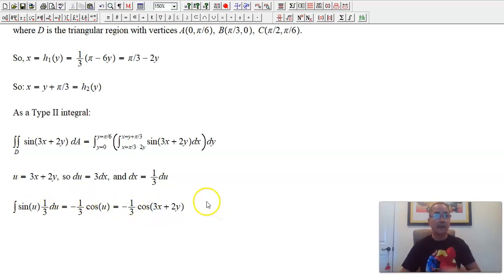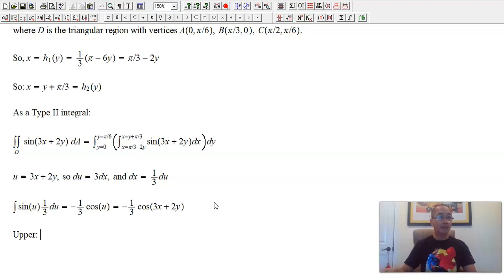Quick check: the derivative of cosine, the negative sign will cancel with the negative. Taking the derivative with respect to x, the 3 comes out and cancels with the 1/3. We are left with sine of 3x plus 2y. Excellent.